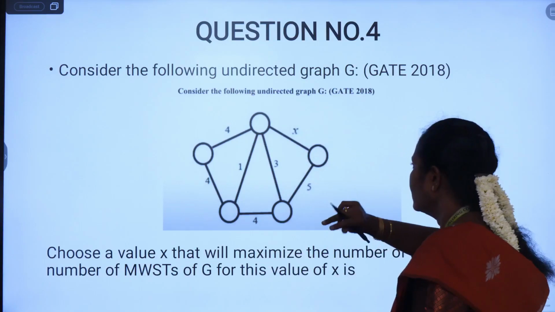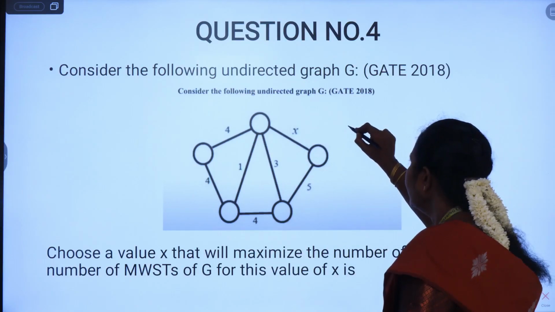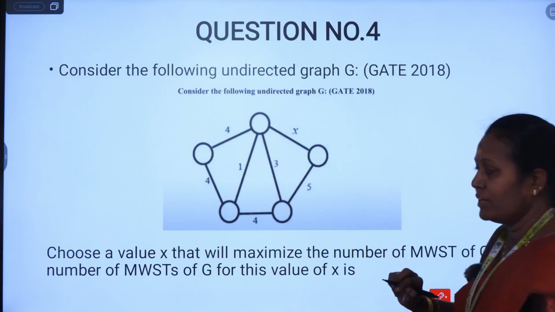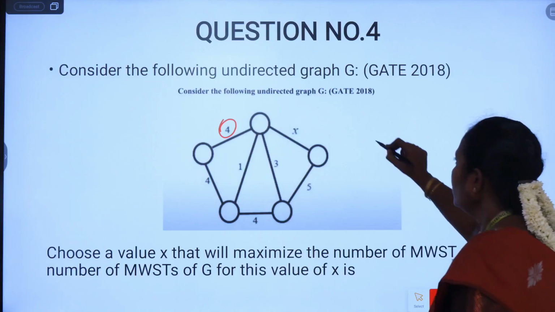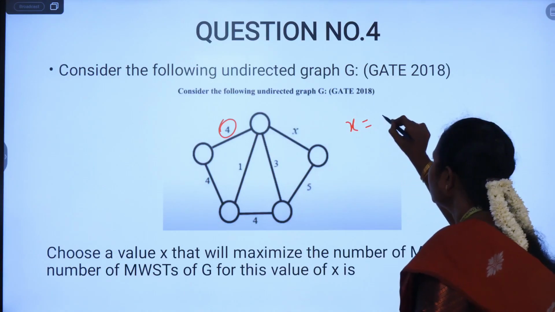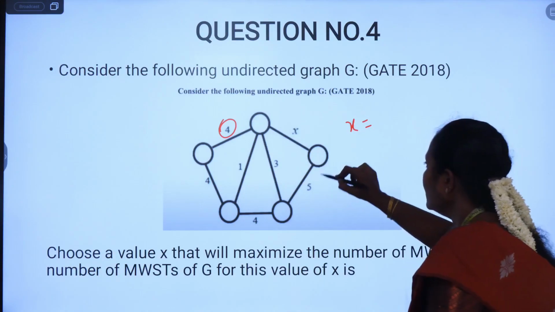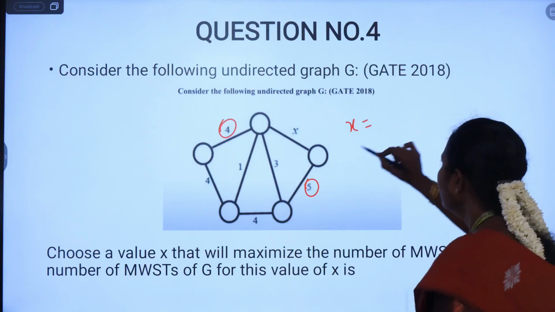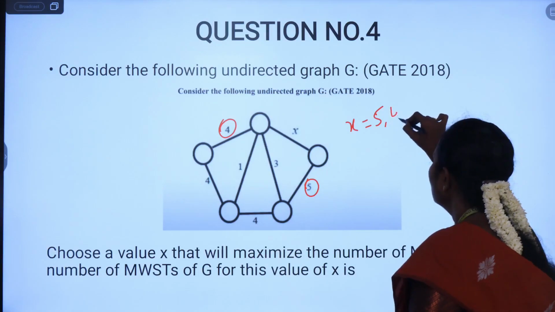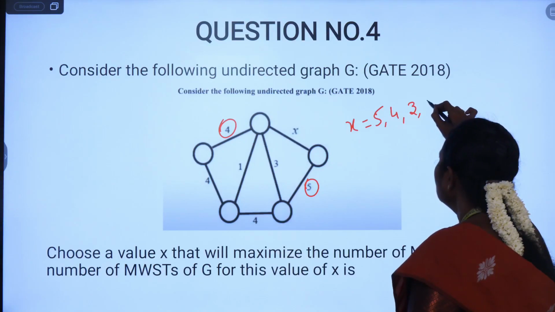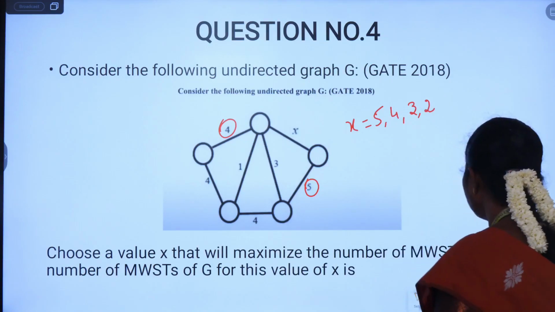So let us consider, what is the maximum weight we have here? The maximum weight here is 5. So we are going to consider 5, 4, 3 and 2.